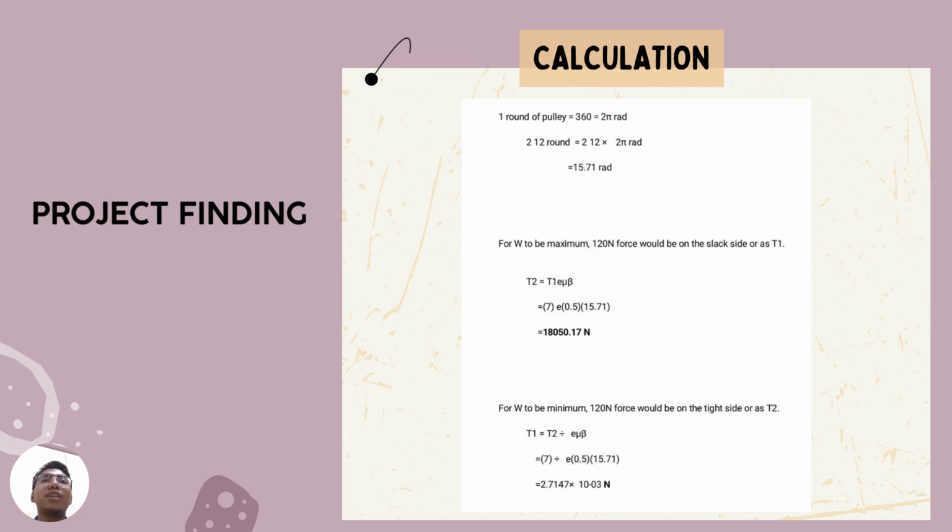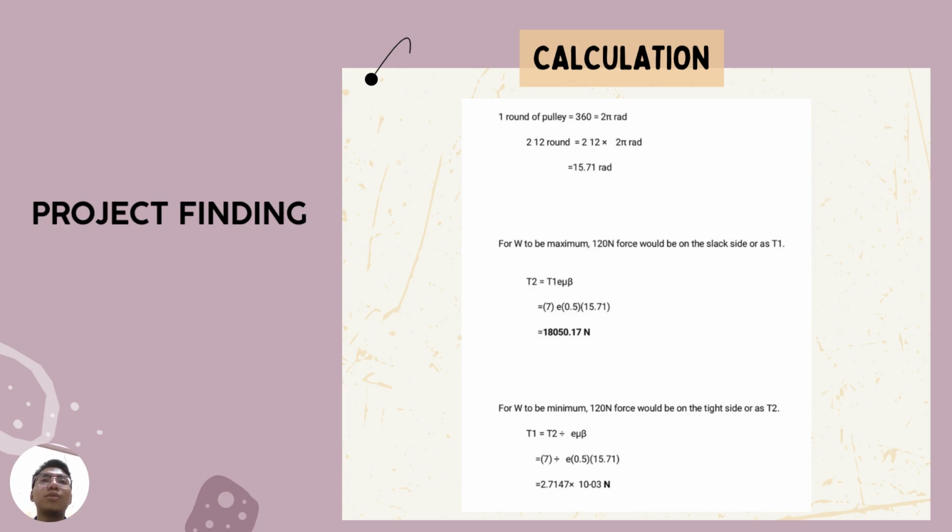Then we calculate 7 times e to the power of 0.5 times 50.71, which equals 180,000 and 50.70 Newton. For W to be minimum, 7 Newton force will be on the tight side or as T2.